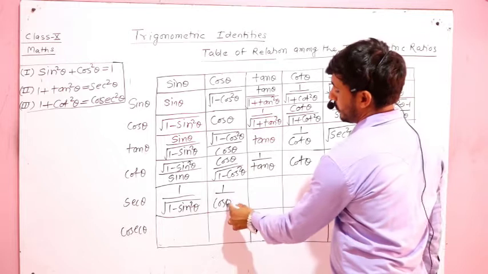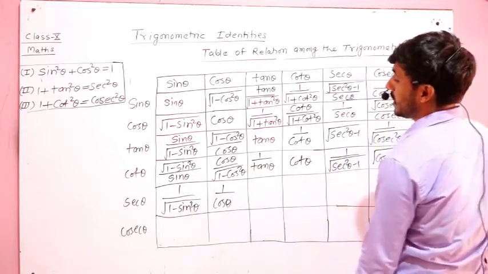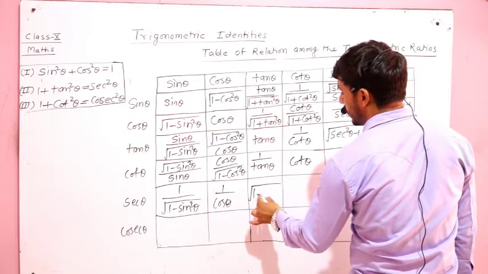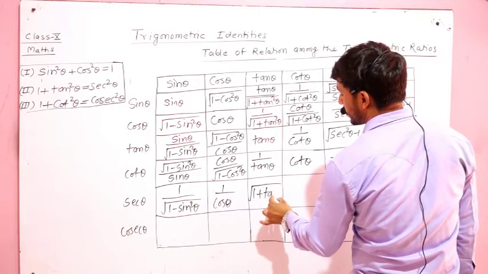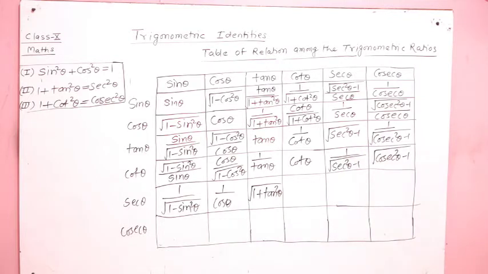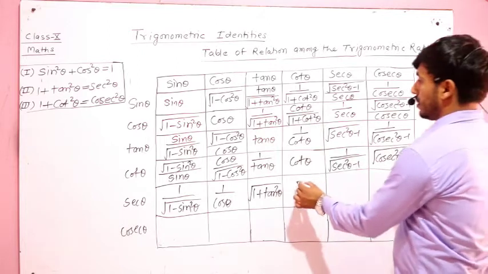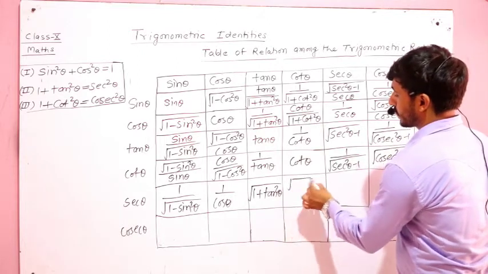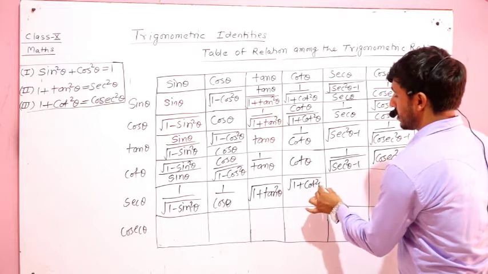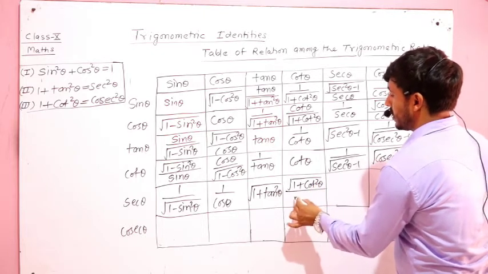Again, the next part is sec theta in terms of tan theta, and that can be obtained as root of 1 plus tan square theta. Next part, sec theta in terms of cot theta, and that can be obtained as root of 1 plus cot square theta, and that is divided by cot theta.